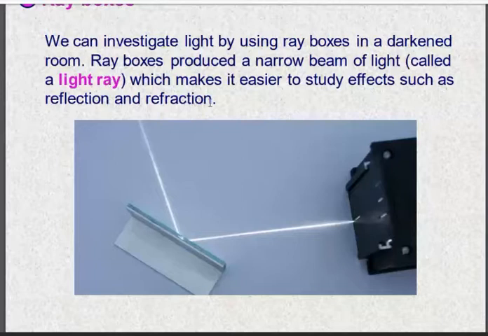So, in order to have accuracy in the study of reflection and refraction, we use a ray of light, not a beam of light. You see here, the ray box produces a very small part of a beam of light.